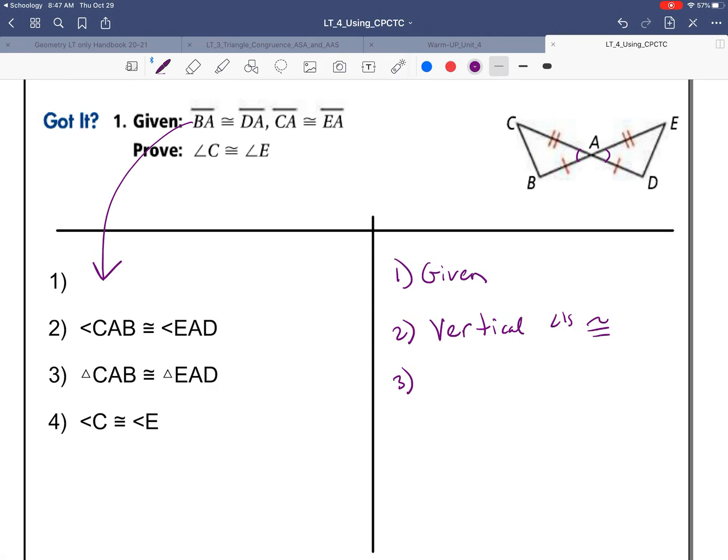Do we have enough to say that the two triangles are congruent? Yes, we do. We have side, angle, side. Now, what allows me to say that angle C must be congruent to angle E? Once I've established both triangles congruent, I know that all the corresponding parts are congruent.